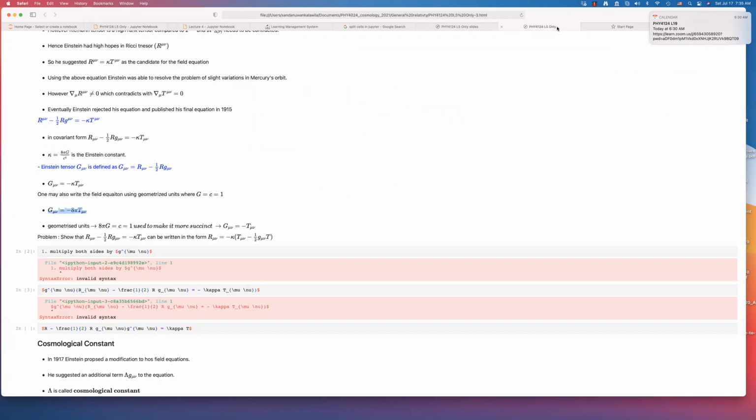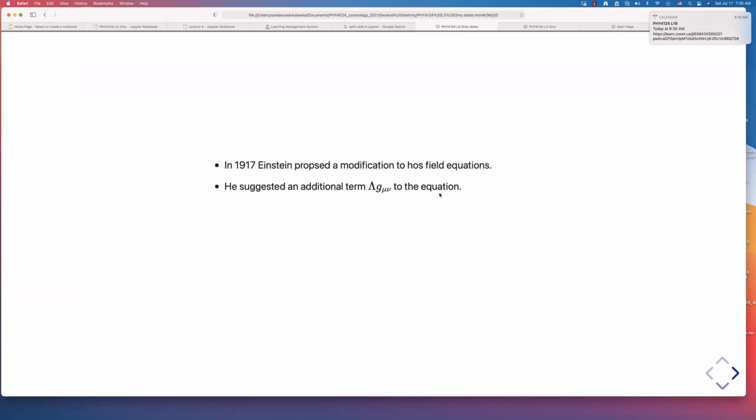So what he suggested is he proposed a modification to his field equations, and he suggested an additional term, that is lambda g mu nu, to his equation. So he added this term to his equation, right? Without proving or anything like that. And this particular term is called the cosmological constant, right? And this is very popular nowadays in cosmology.